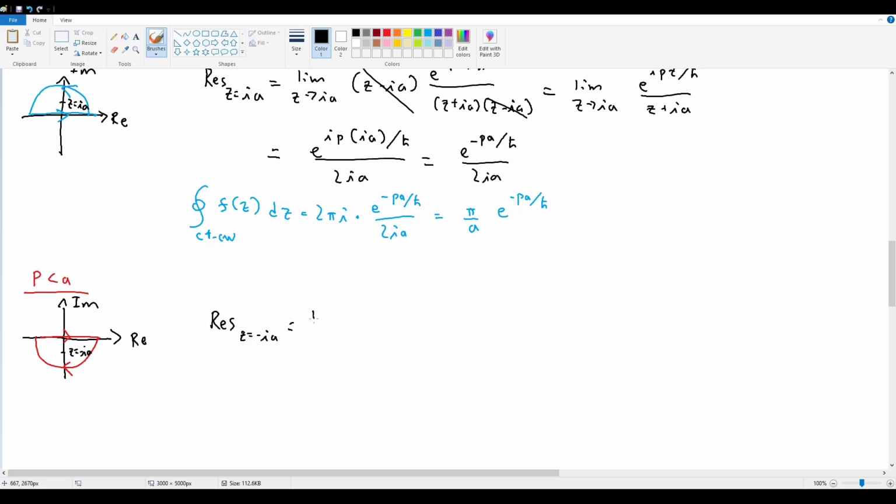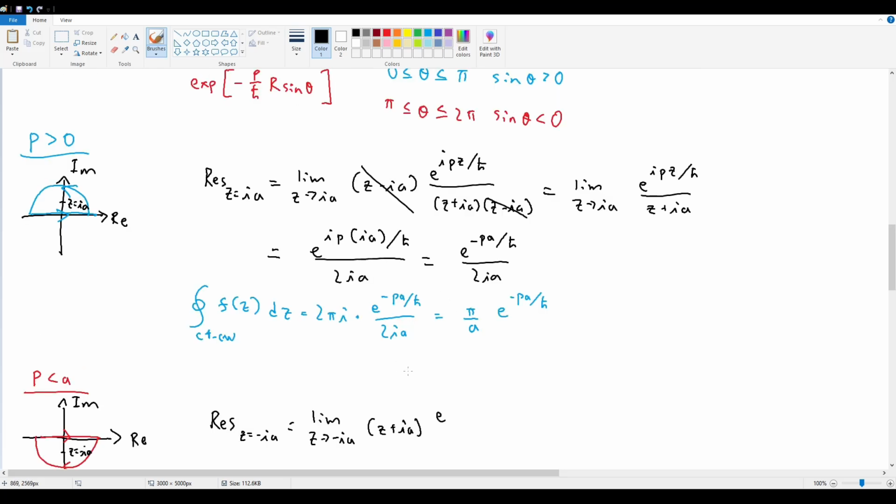Our new residue is at z equals negative ia, in which case our residue is going to equal the limit as z goes to negative ia, this time of z plus ia multiplied by e to the positive ipz over h bar divided by z plus ia, z minus ia. The plus ia's cancel out like that.